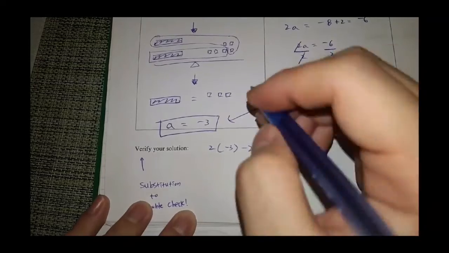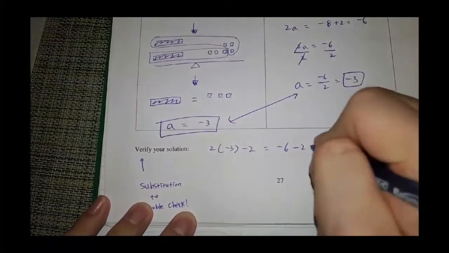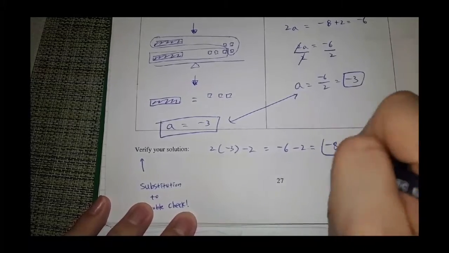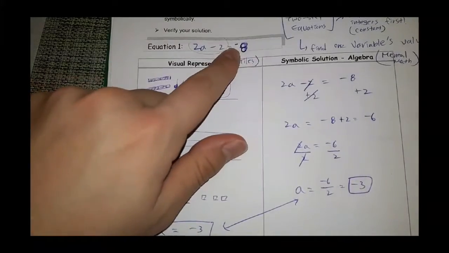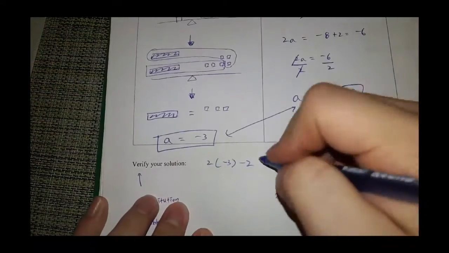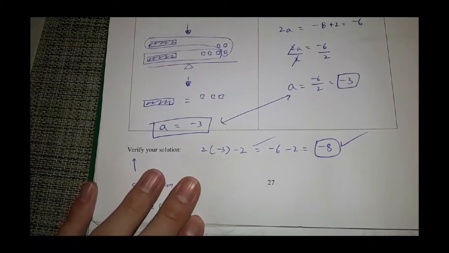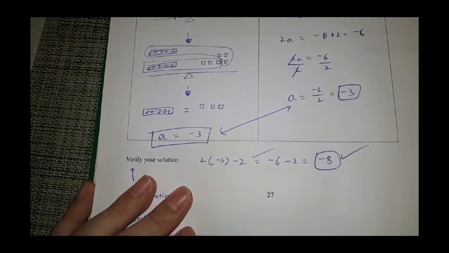That's what we're trying to find out. 2 times negative 3 means negative 6 minus 2, and we have negative 8. And as you may notice, my right side and my substituted answer do agree. So we are double checking our solution. This is how we do our two-step equation.